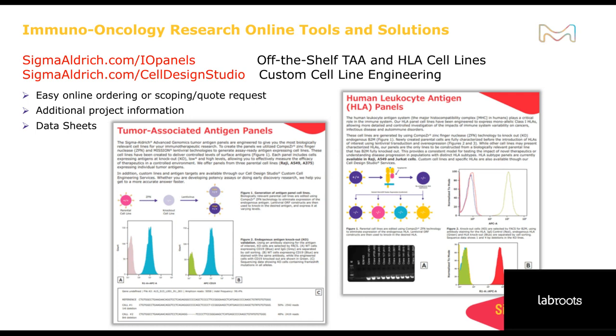The data that I've shown today is all encompassed within our off-the-shelf tumor-associated antigen and HLA cell lines. You can find the website here. In addition, as I mentioned, we do provide custom cell line engineering as well, so please visit our Cell Define Studio webpage, and we would be happy to provide you with any additional information you may want.